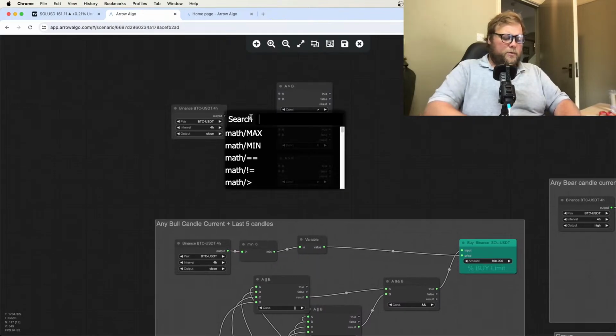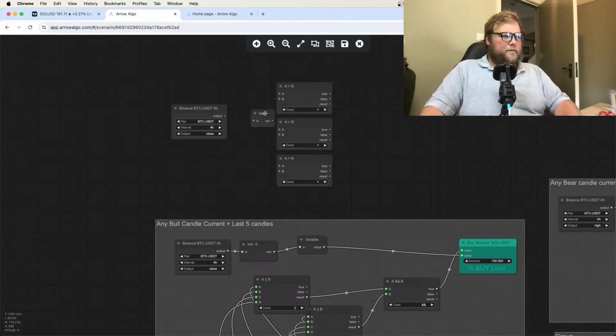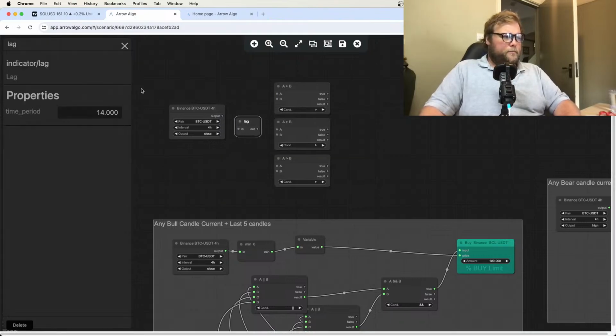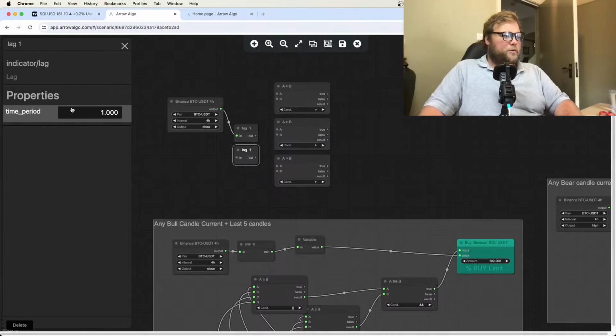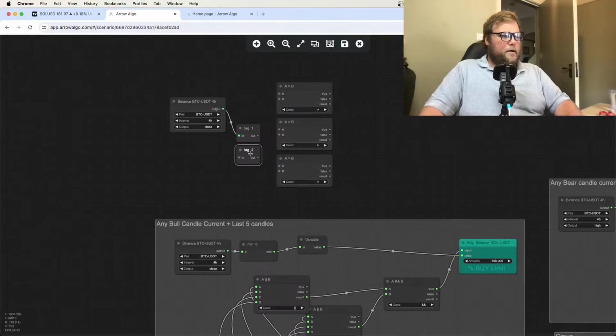So again, I'm going to create some condition blocks, and I'm going to use the lag function. So this data watcher will feed out the closing price for the current candle, and by feeding the lag blocks we can look at the last candle. A lag 2 would be the one before that, and a lag 3 would be the one before that.